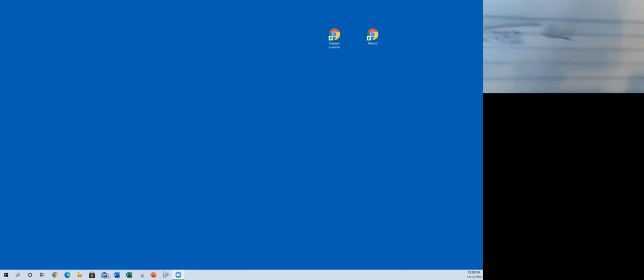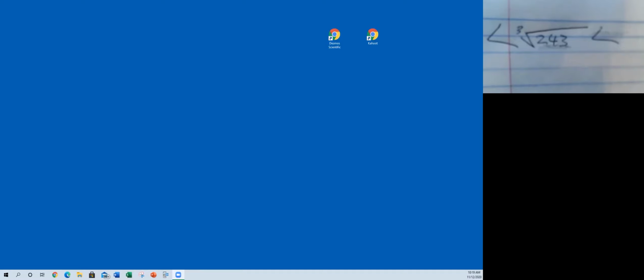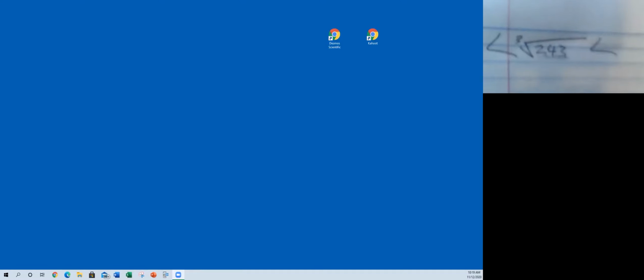So we can start with the number 2, the smallest number. 2 cubed is 8. 3 cubed is 27. But it's going too slow, so we're going to increase the pace. Let's say 10 cubed. 10 times 10 is 100 times 10 is 1,000. That's too big.